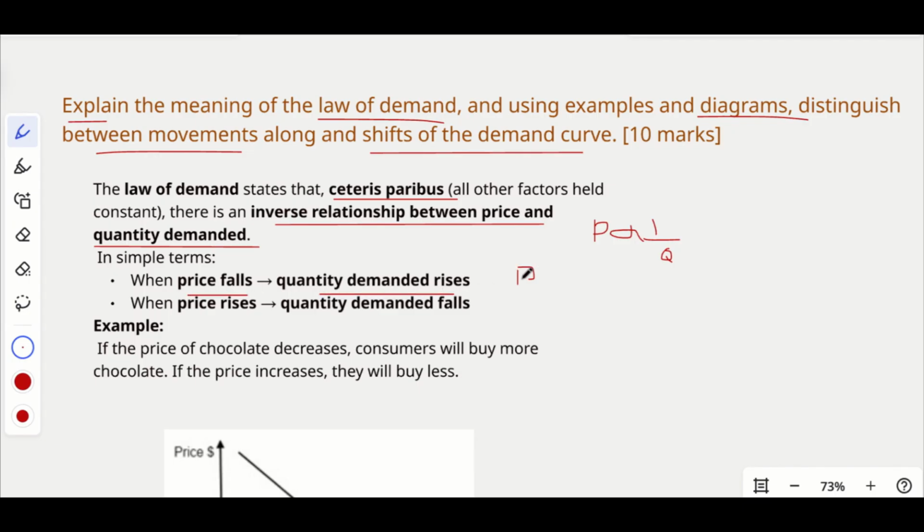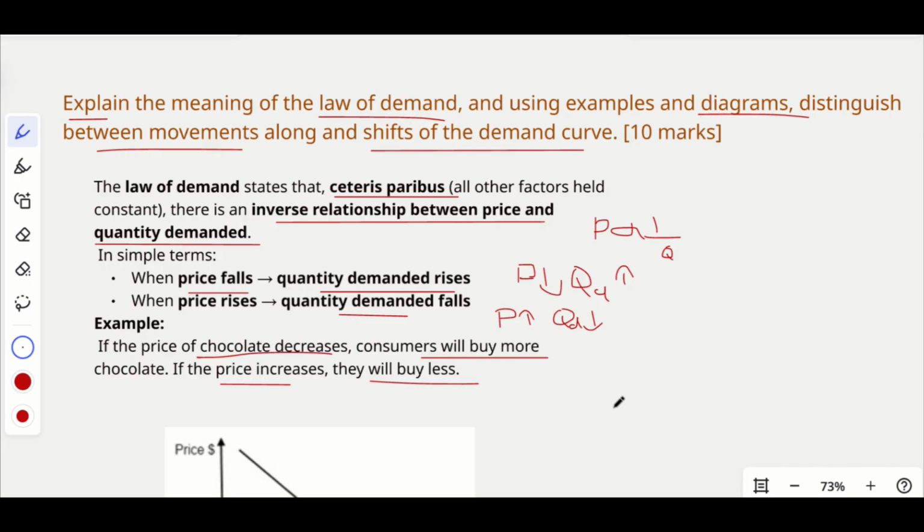Likewise, when the price increases, the quantity demanded falls. You can take an example like the price of chocolate decreases. When the price of the chocolate decreases, consumers will buy more, and if the price increases, they will buy less.